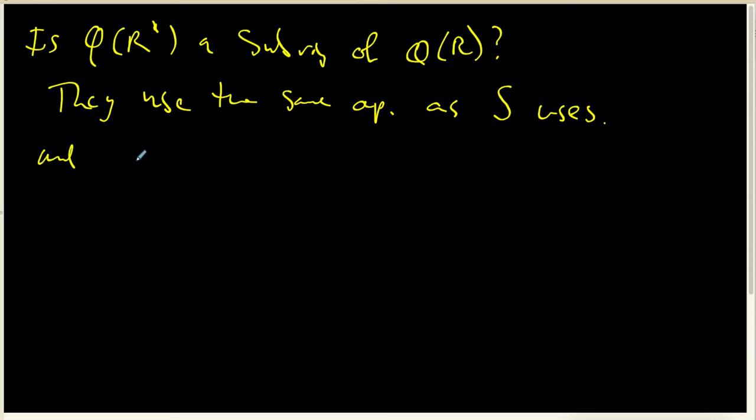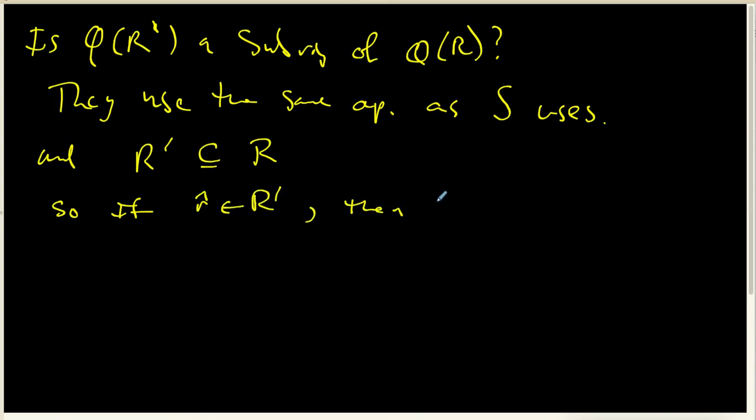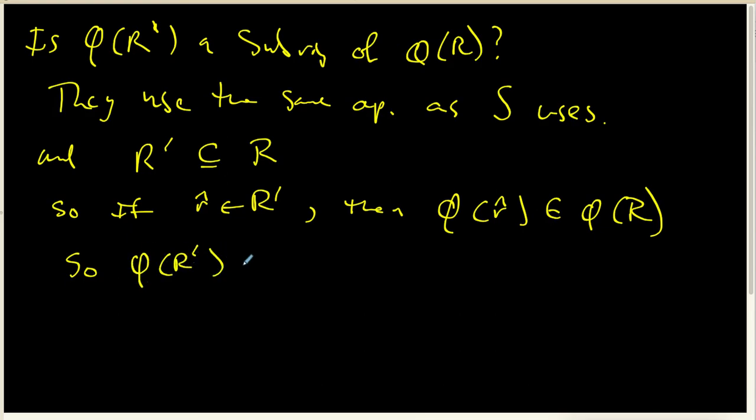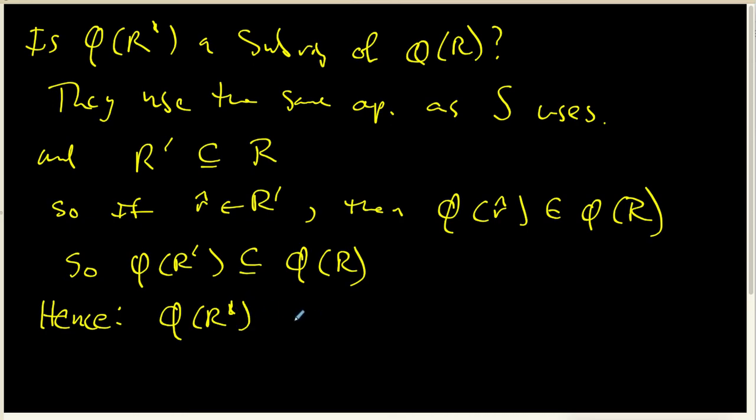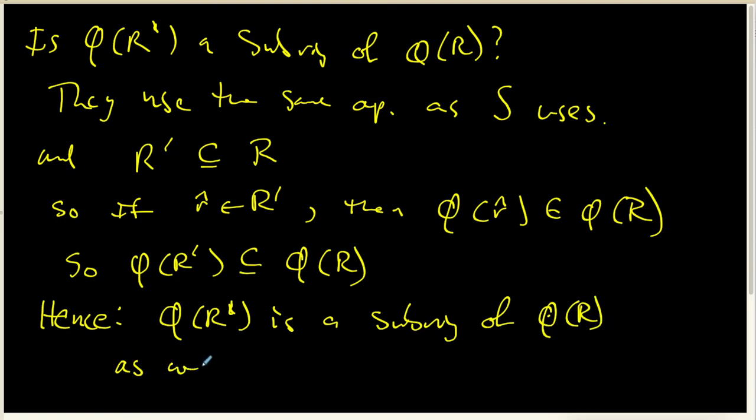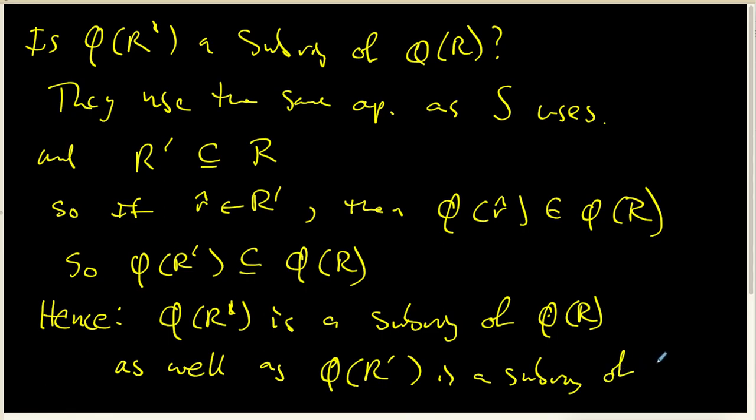And I already know that R prime is a subset of R, so if R hat lives inside R prime, then phi of R hat has to live inside of phi of R. And so that says that phi of R prime will indeed be a subset of phi of R. So hence we get the conclusion that phi of R prime is a subring of phi of R as well as phi of R prime is a subring of the ring S.